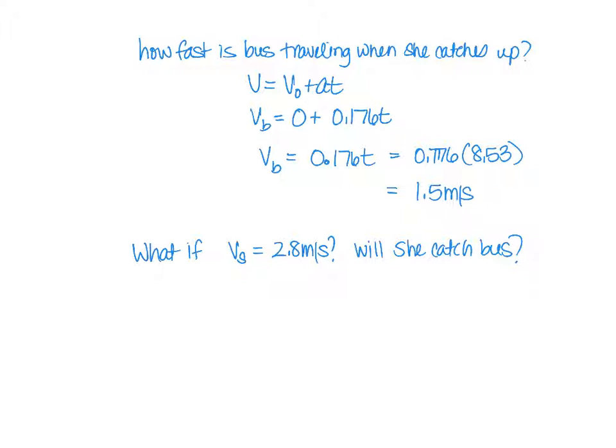Well, basically, I'm still going to find the time when her position is equal to the bus's position, and answering the question, will she be able to catch it, will depend on whether I can find a time when this is true.